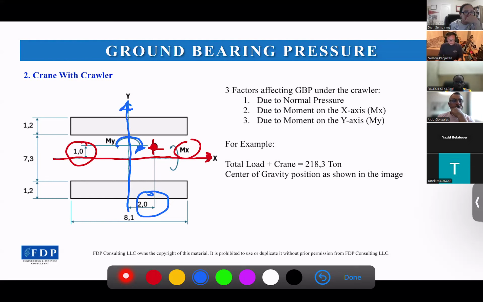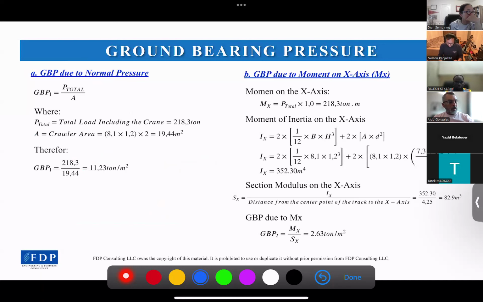Okay. So for the moment, we got P total 218.3 tons times 1 meter, so it's 218.3 ton-meters. Now, how do we distribute this moment to the tracks?